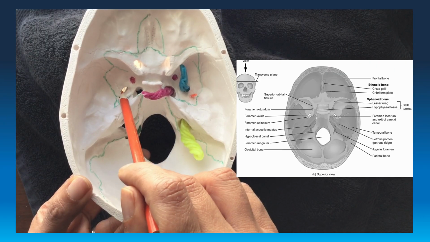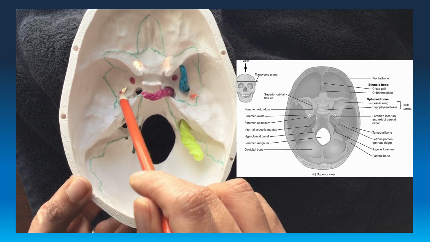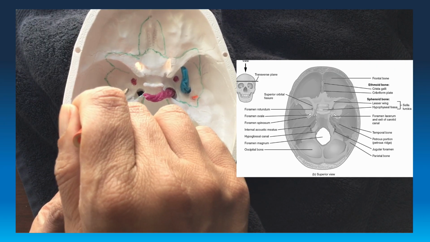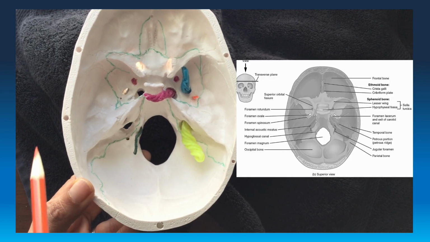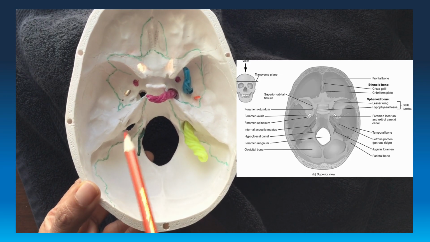Then we've got an oval looking one, which is foramen ovale, and then one that looks like a little dot, that's going to be your foramen spinosum.